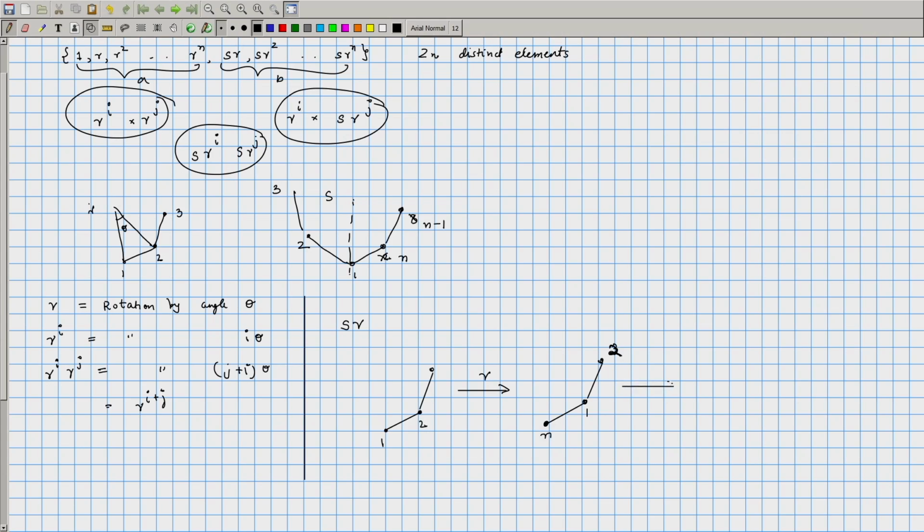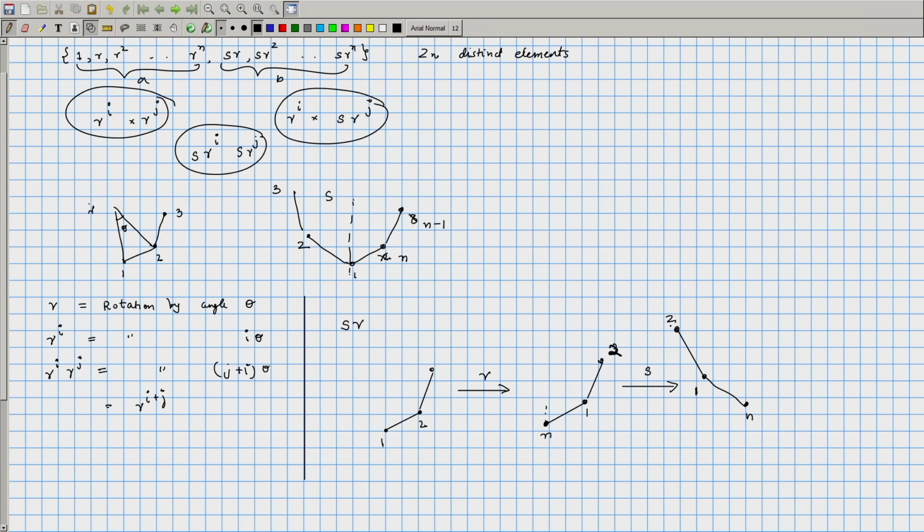And then if we do an S, that is flipping about the starting position, n will remain wherever it is and 1 will go to the other side, and then there will be 2 just above 1.